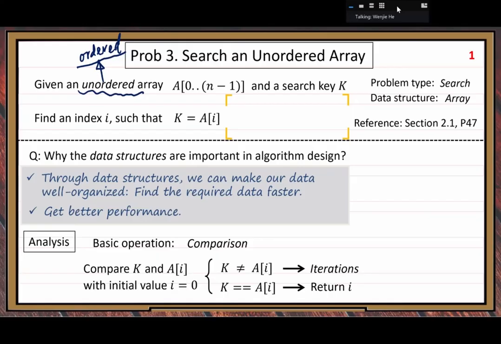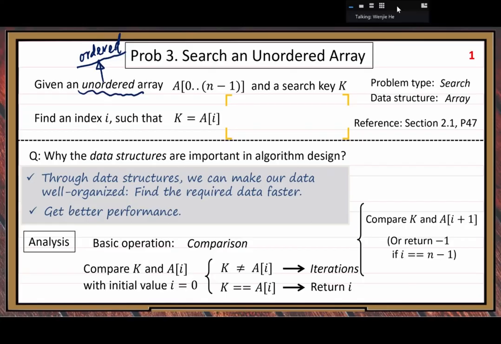Keep doing iterations. Following iterations, sooner or later you will reach the last array element, right?